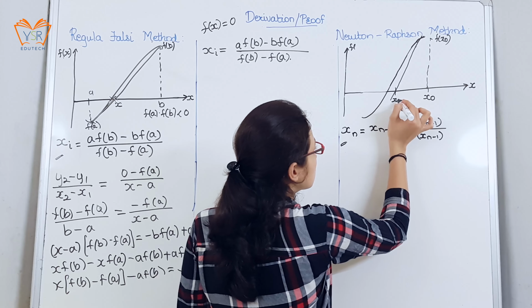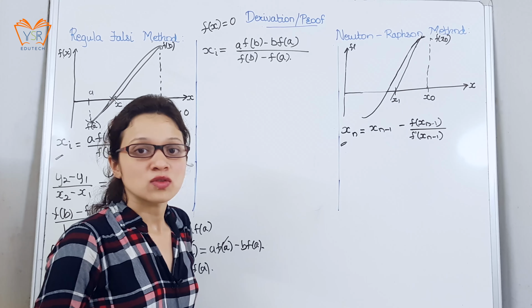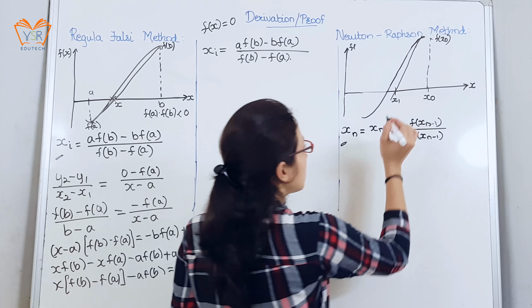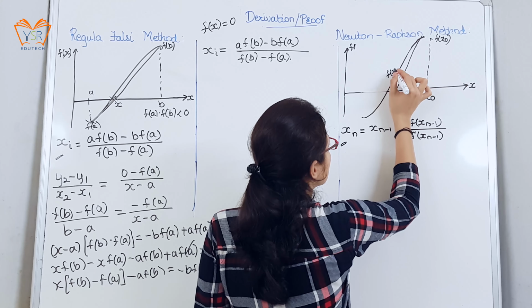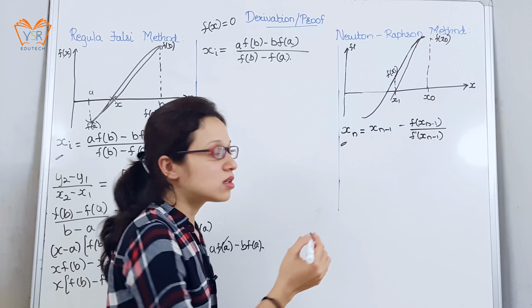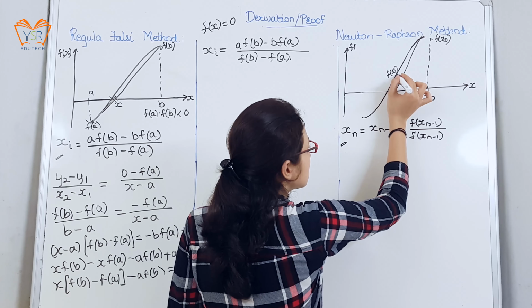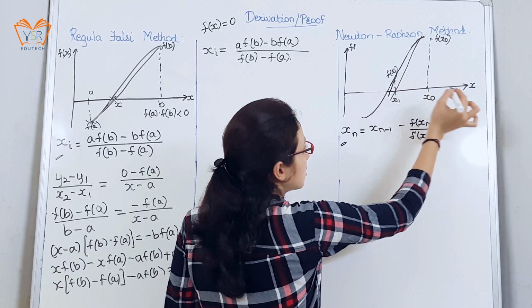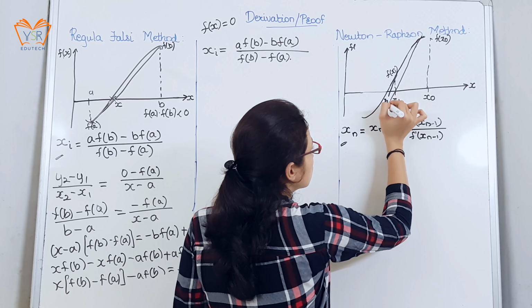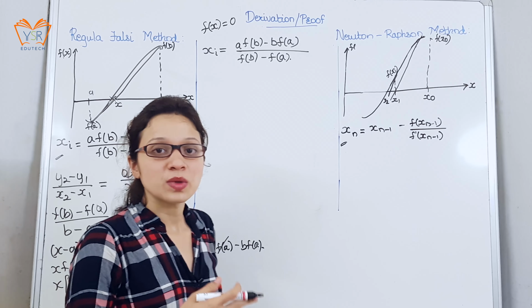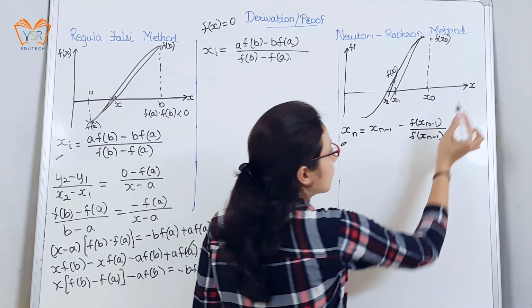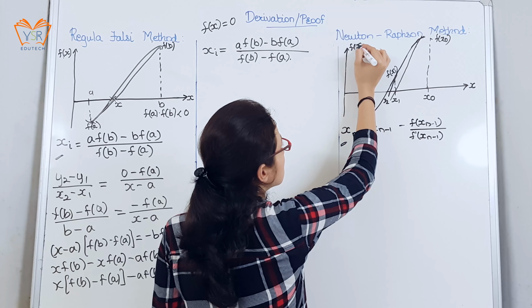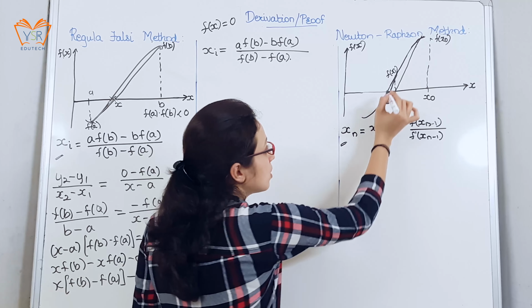Let us consider this point as x1. For the next approximate root, again we'll first find f(x1). Again draw a tangent that touches the curve and cuts x at this point. So this will be x2. In this way, we'll go on repeating the procedure so that at the value of x, f(x) will come closer to the root.